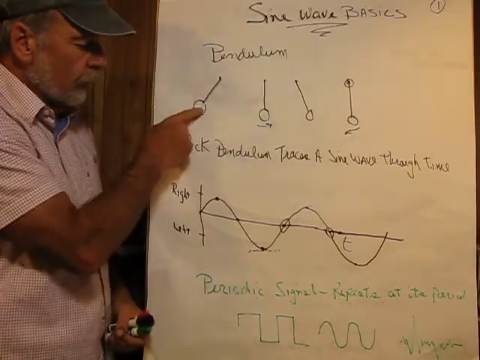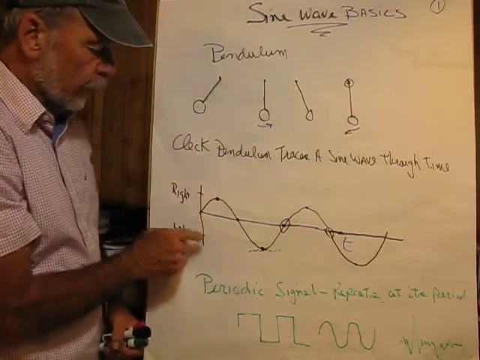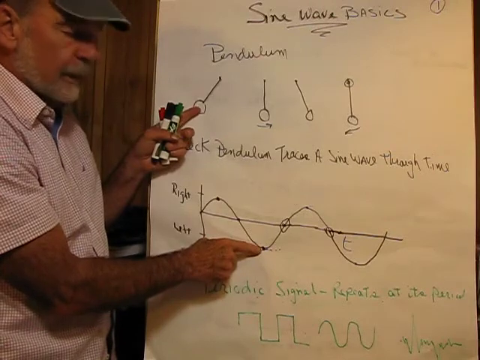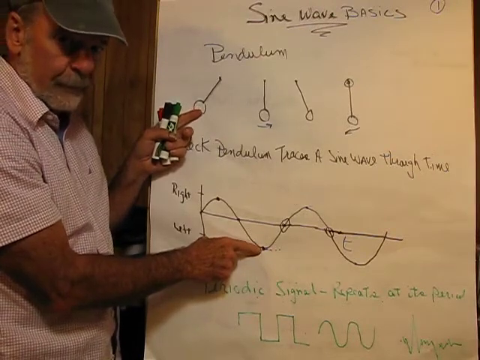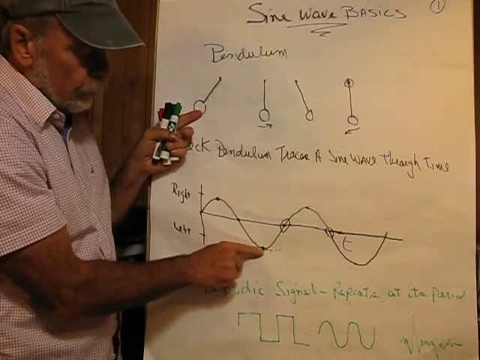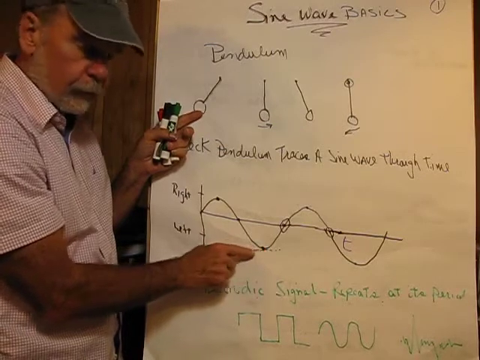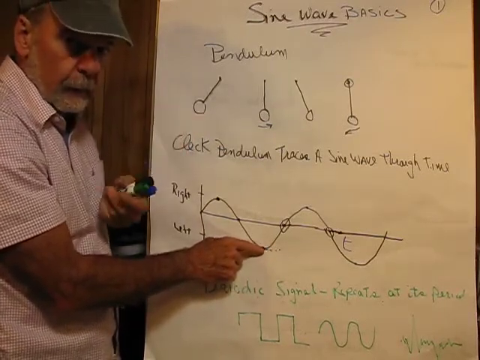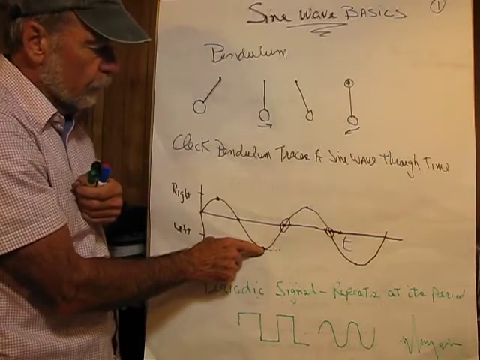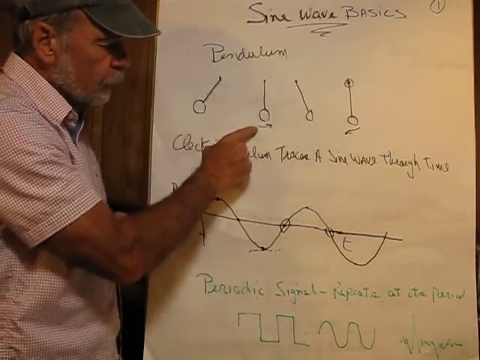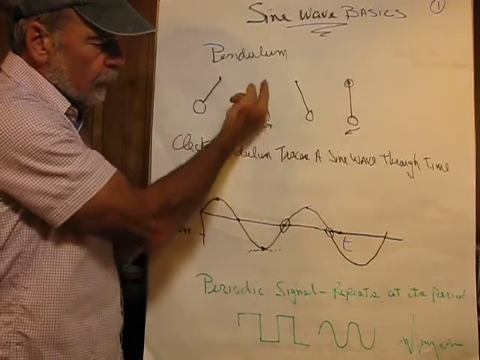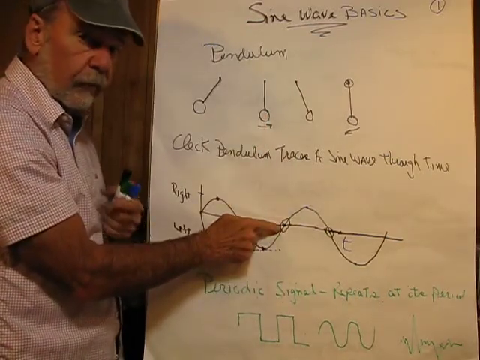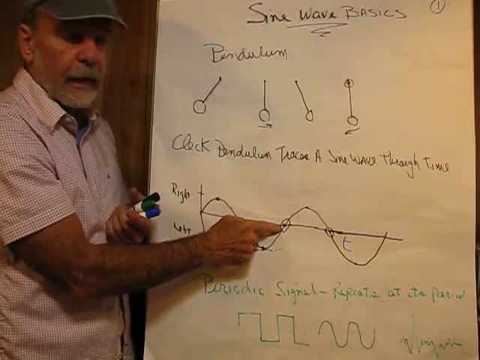So if we start here at the far left, our beginning point would be here. The pendulum at this point in time is instantaneously stopped, and the slope of this point is 0. If we drew a tangential line through this point, we would see that m, as in rise over run, is equal to 0, and then it starts to swing toward the center. When it's exactly in the center of the clock would be this point, and that's when the velocity of the pendulum is the highest.